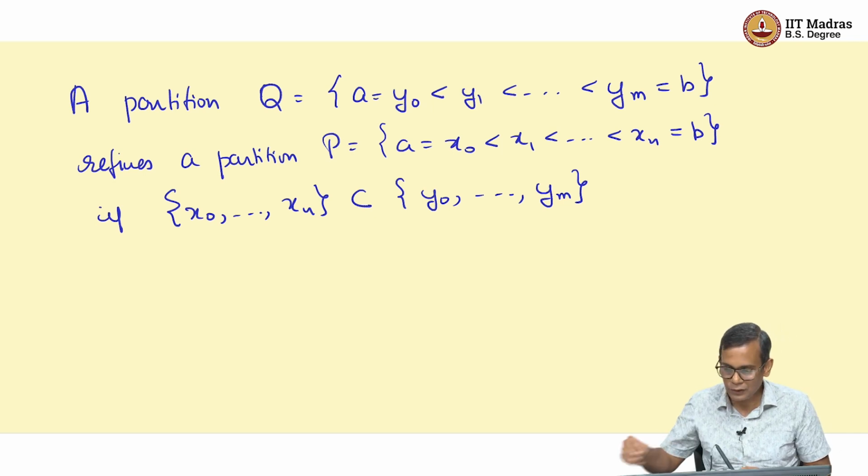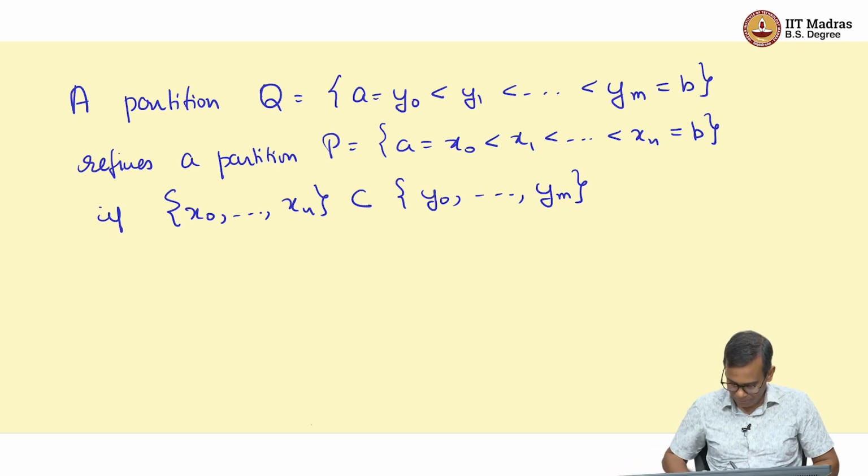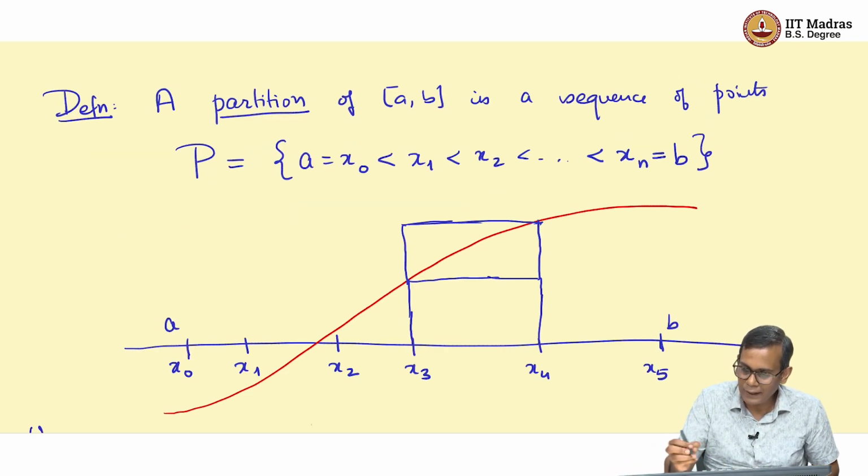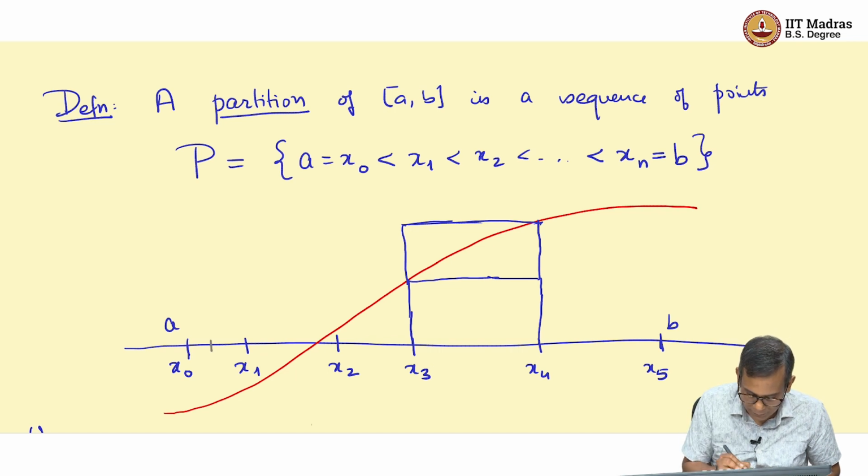And so in this picture, if I were to refine this, I might be introducing more points in between. So y0 would be a, then y1, y2, y3, y4, y5, y6, y7.